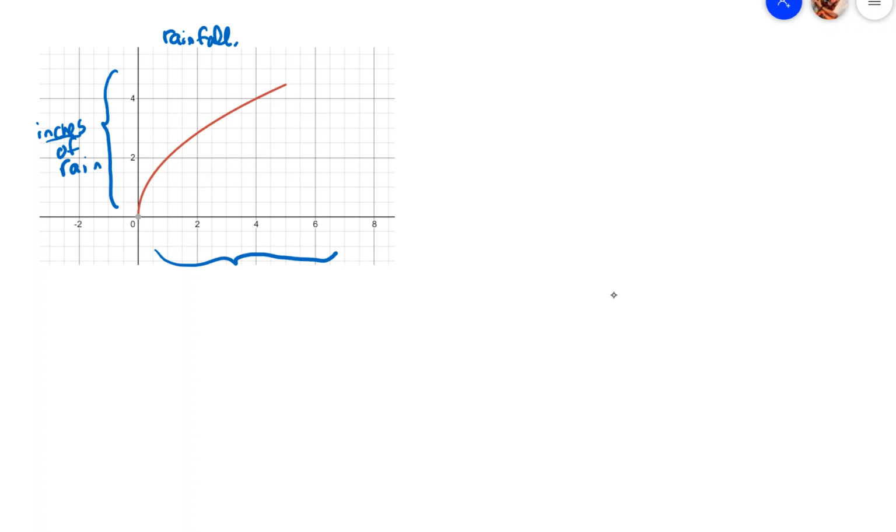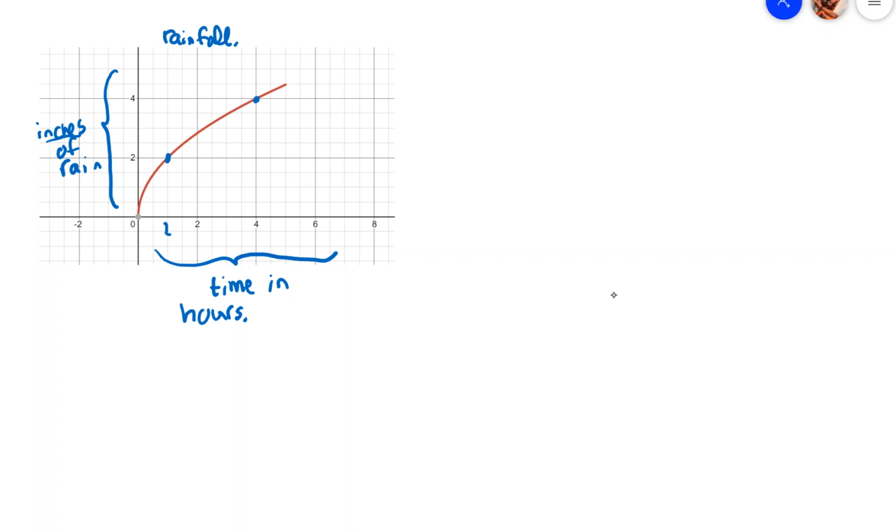And the x-axis here gives me time in hours. And maybe I want to know how fast the rain has fallen between certain periods of time. So maybe between 1 hour, here's where 1 hour is, and between 4 hours, here's where 4 hours are.